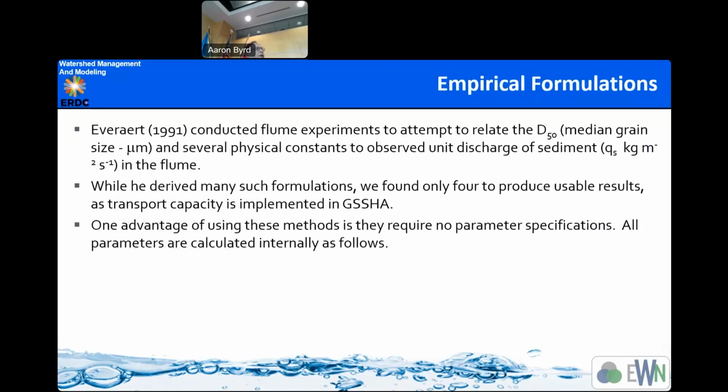So a whole lot of other transport capacity formulations are based on laboratory-derived equations, which is what we use. It is the stream power equations derived by Everaert 1991. That was derived at laboratory scale, like in fluid.